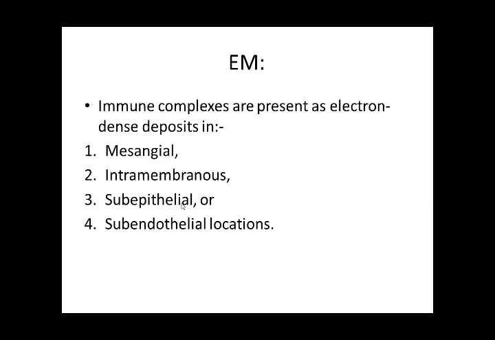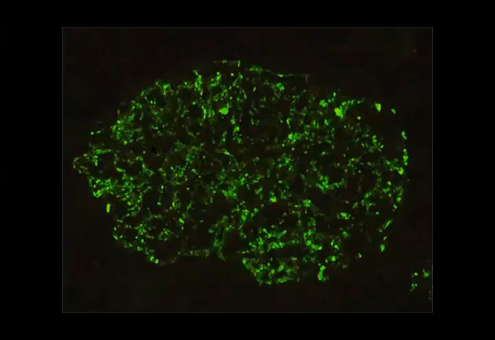It has thrown immune complexes everywhere. Intramembranous means in the lamina densa; subepithelial is the lamina rara externa, and subendothelial is the lamina rara interna. What was spared? Nothing is spared. So SLE has thrown immune deposits everywhere, and it has caused this picture. Even this picture is the same, but you will see immune deposits everywhere.